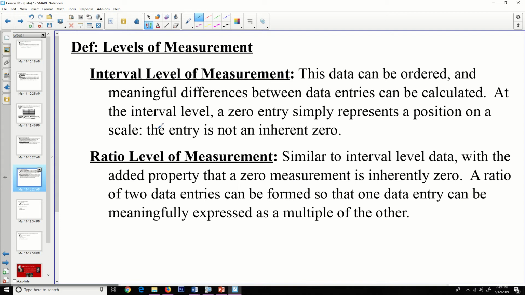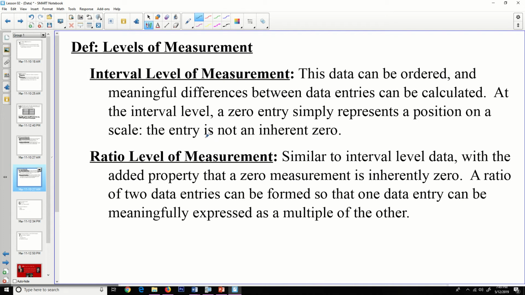Interval level of measurement. This data can be ordered, and meaningful differences between data entries can be calculated. At the interval level, a 0 entry simply represents a position on the scale, and the entry is not an inherent 0.